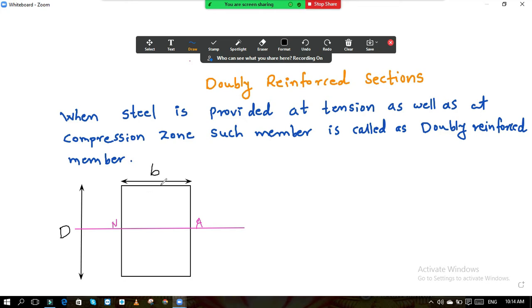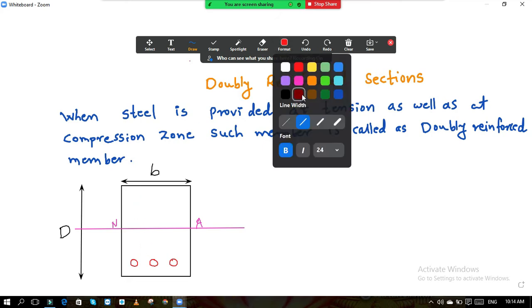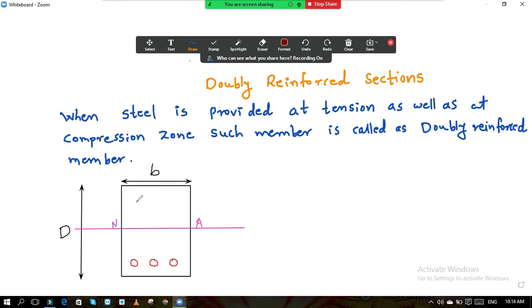Now the steel is provided, the placement of steel at the bottom is always provided. Suppose now 3 bars are there. So this is the steel in tension zone. Below the neutral axis tension will be there if downward load is acting on the beam, and above the neutral axis, suppose steel is provided, this steel is provided in the compression zone.